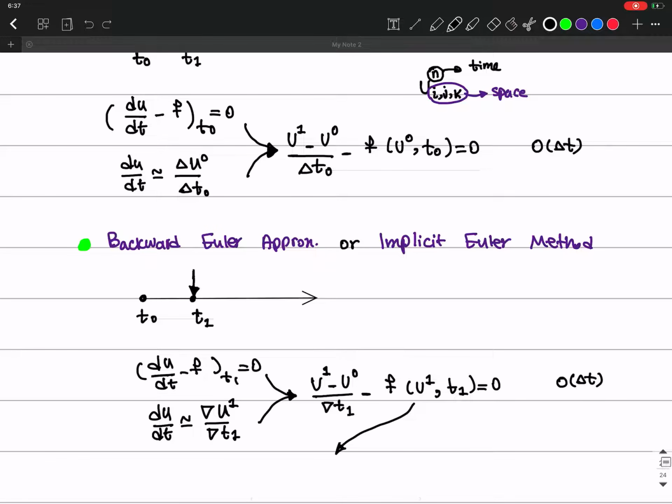But for here, we still don't know u1. We don't know what is f u1, right? So in order to solve it, since we do not know it, we must do matrix algebra.